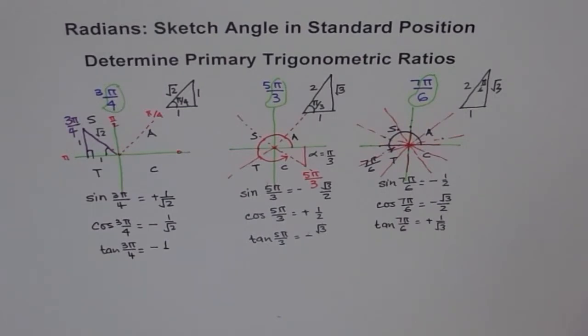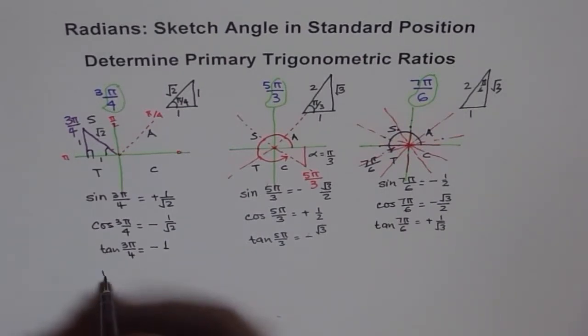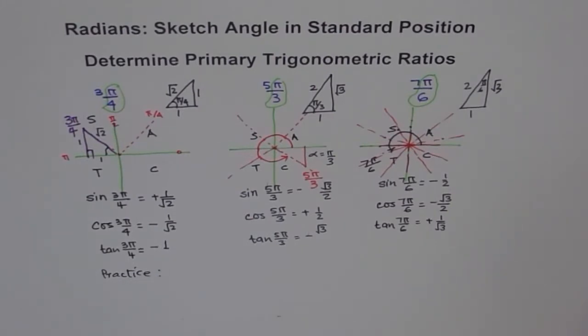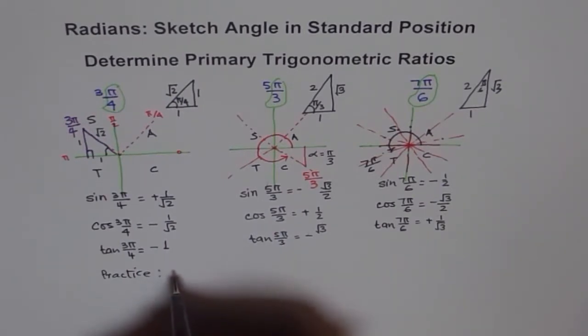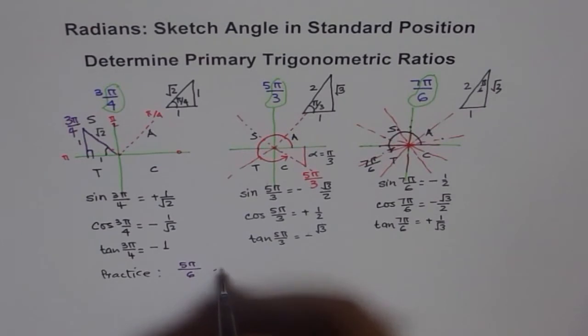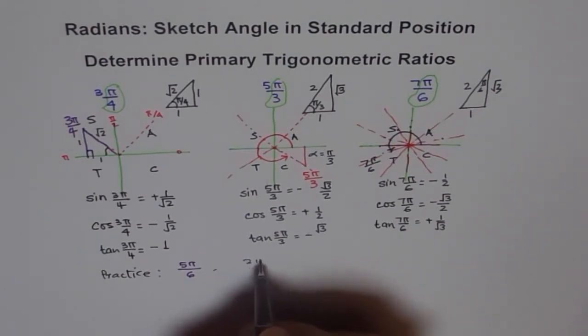Okay. I would like you to practice problems. Do the same. Draw the angles and then find the primary trigonometric ratios. You could do 5 pi by 6. You could do 2 pi by 3.